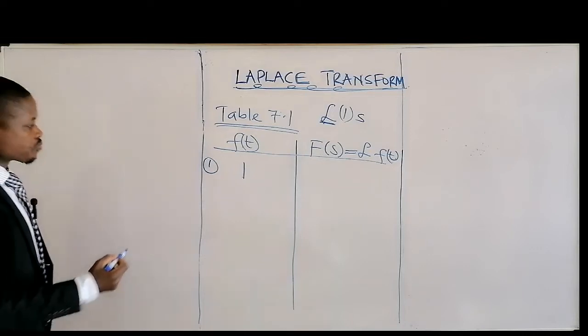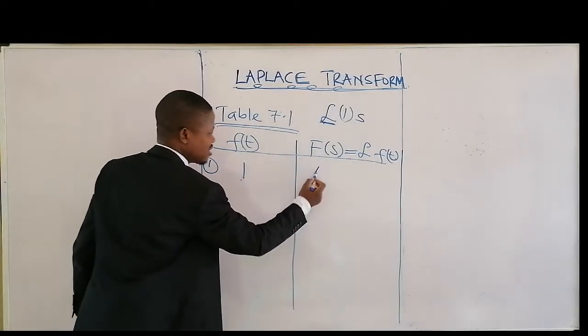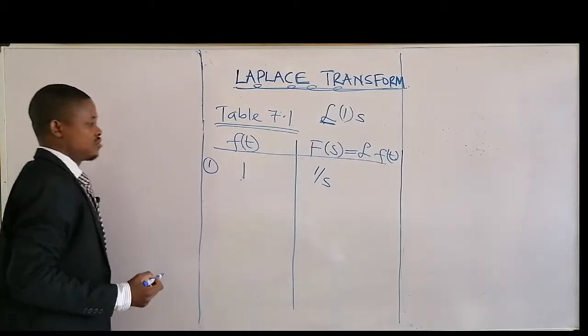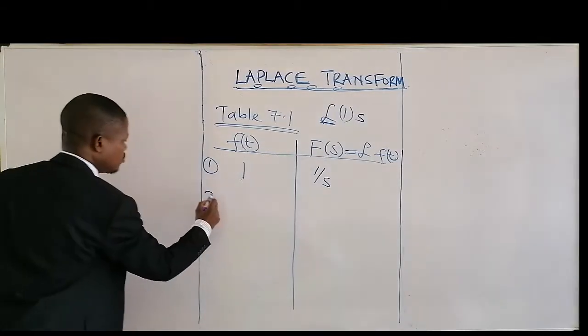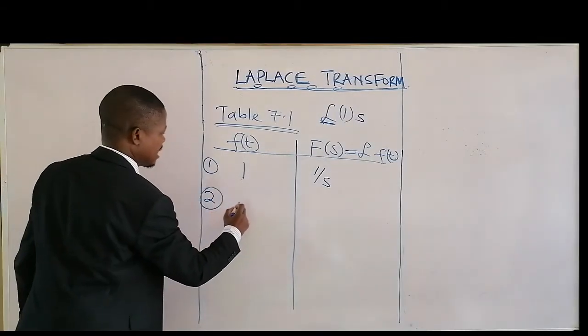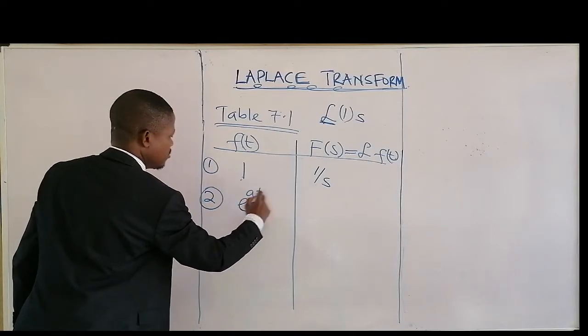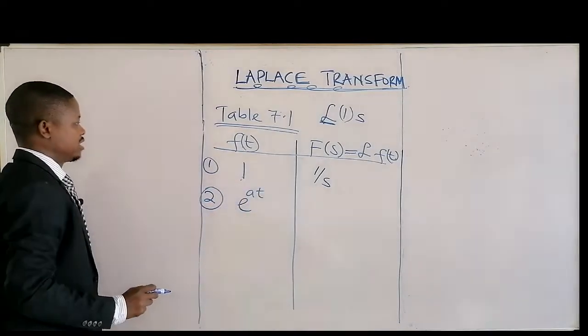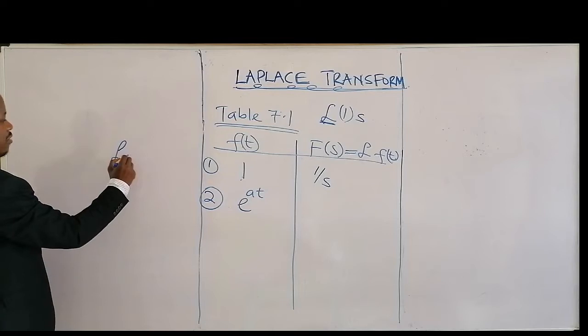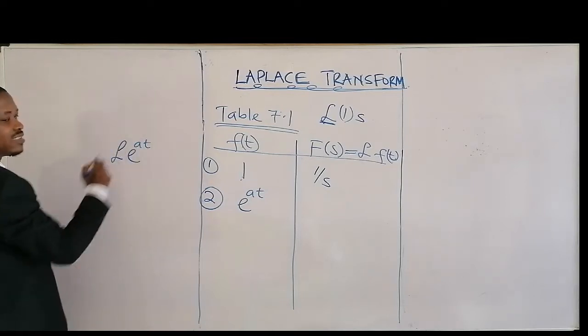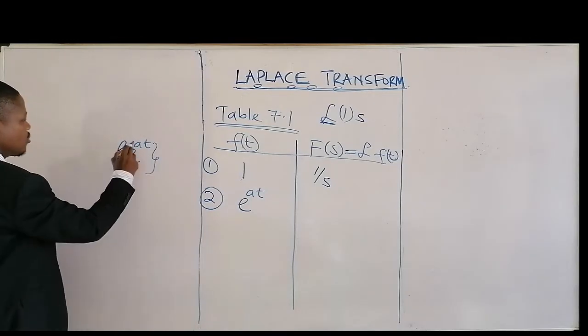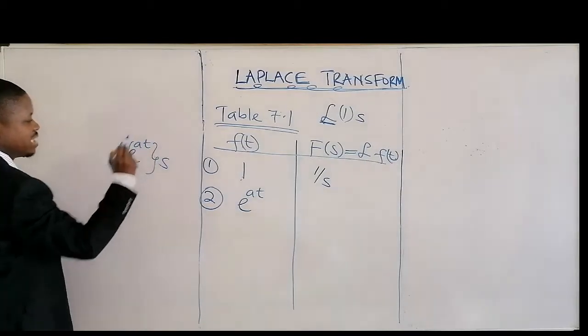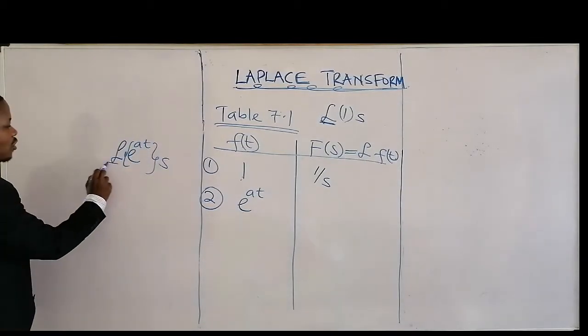So Laplace of 1 is 1 over s. Then number two, Laplace of exponential. If I want to write this one, it will be Laplace of exponential to power at.